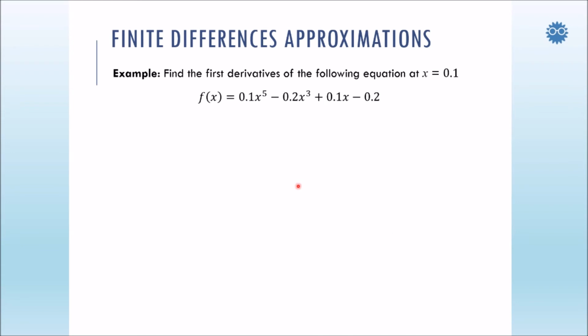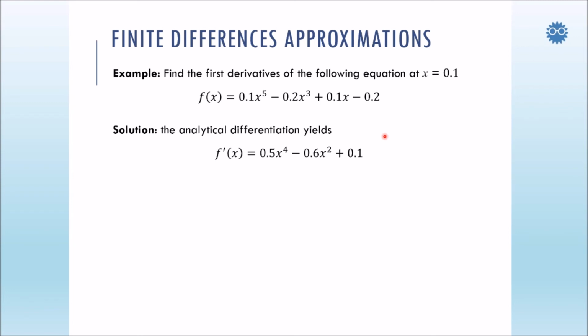formulae. Now, find the first derivative. Sorry, take f of x at x equals 0.1, if the polynomial is f of x equals 0.1 x to the power 5 minus 0.2 x to the power 3 plus 0.1 x minus 0.2. So let's see the analytical solution first.